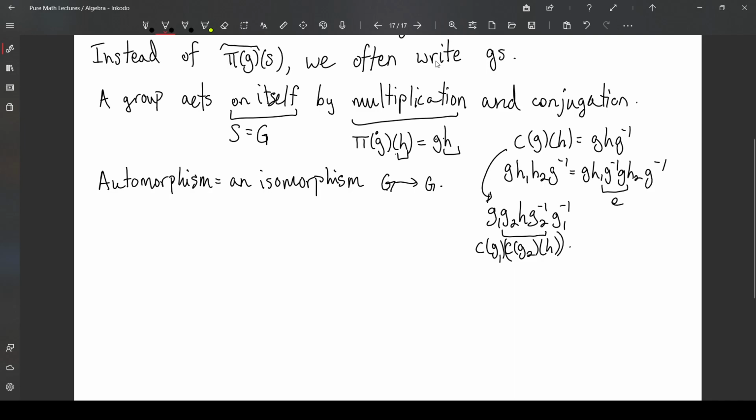And I believe there's a result that every group has some non-trivial automorphism, and I proved this in a video in my abstract algebra problem solving series or something like that.